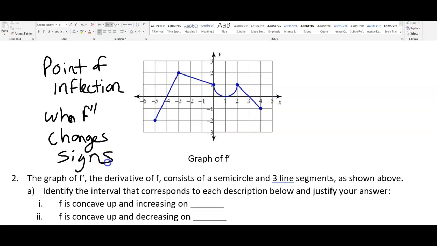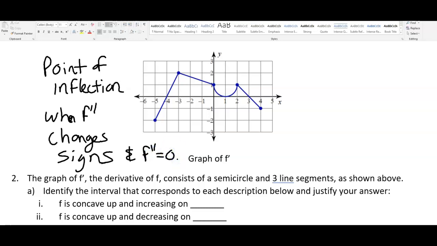Okay? Anytime f double prime changes signs. And we also want to stipulate, and f double prime equals 0.